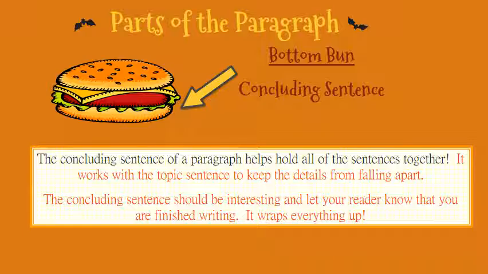It works with the topic sentence to keep the details from falling apart. The concluding sentence should be interesting and let your reader know that you are finished writing. It wraps everything up. So whenever I have to write a paragraph, I should start with the topic sentence to tell my reader about the topic. I have to support my topic sentence, the main idea, with details, and then I have to close my paragraph with a concluding sentence.